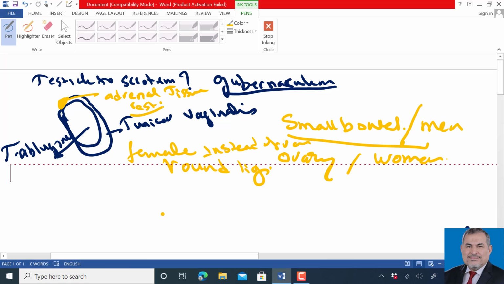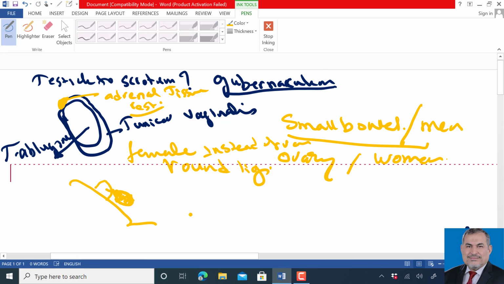And then inguinal canal. Where is the indirect hernial sac located in relation to the other structures? Indirect hernial sac is usually located anteromedially.